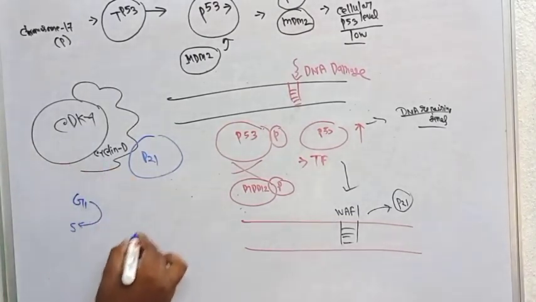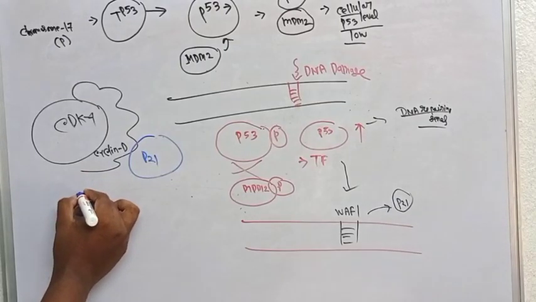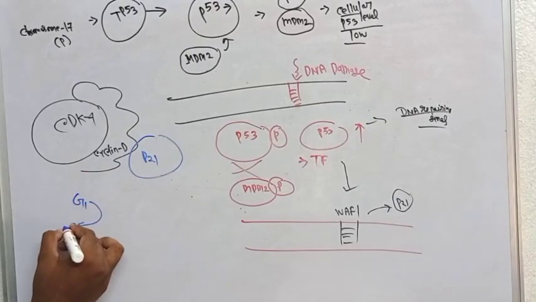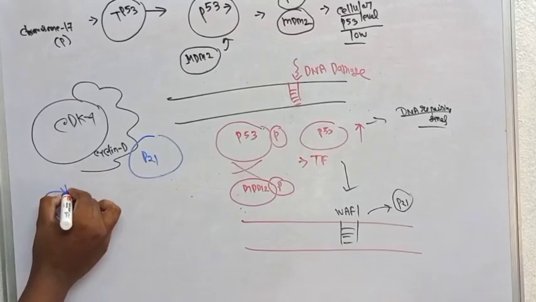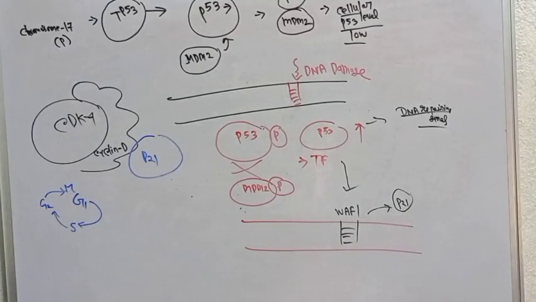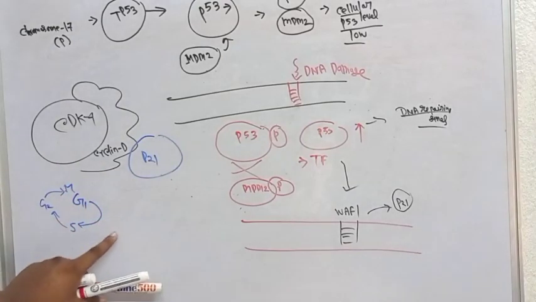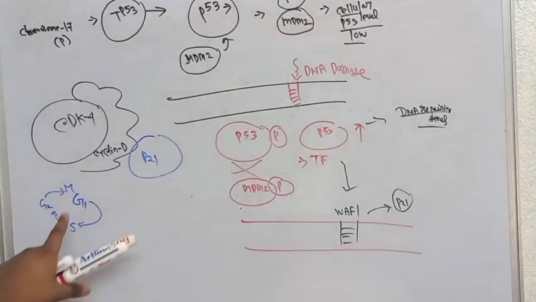We know the cell cycle: the cell first enters G1, then S phase, then G2 phase, then M phase. When P21 binds with the CDK4 cyclin D complexes, it inhibits the cell at G1.